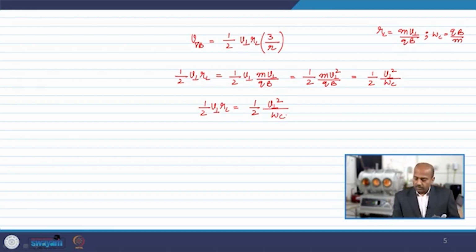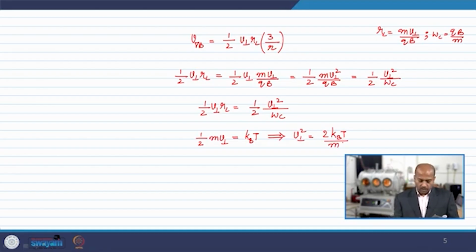Now, from the introductory aspects of plasma physics, we know that plasma temperatures are generally written in electron volts, right. So half mv square is kBT. That means the kinetic energy equals the thermal energy, and V perpendicular is equal to the square root of 2 kBT by m, right.